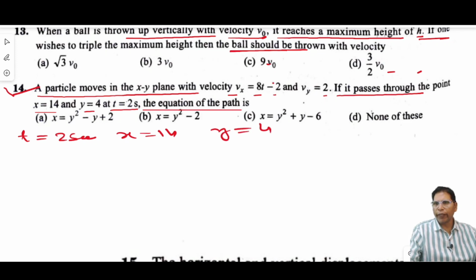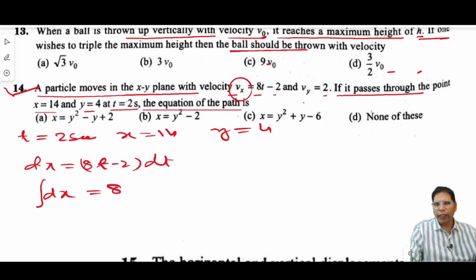Now first of all, look at vx. Vx means dx by dt. So dx equals (8t minus 2) dt. Now integrating, dx equals 8t dt minus 2 dt, with the boundary condition that when t is 2, x equals 14.